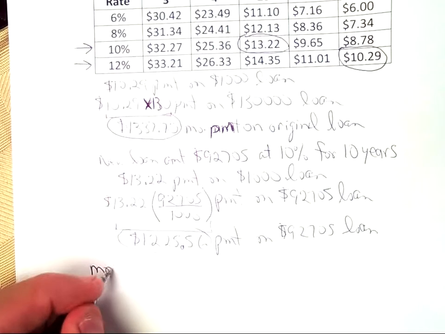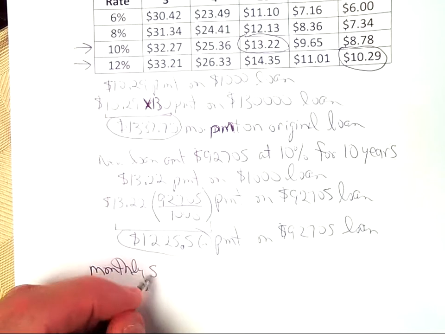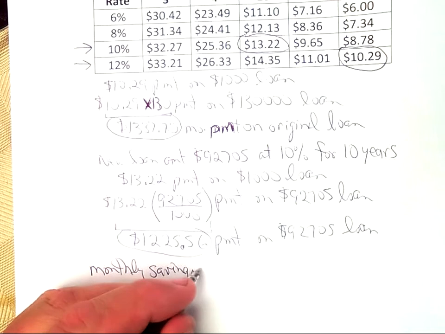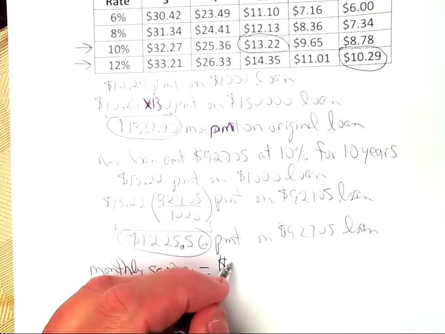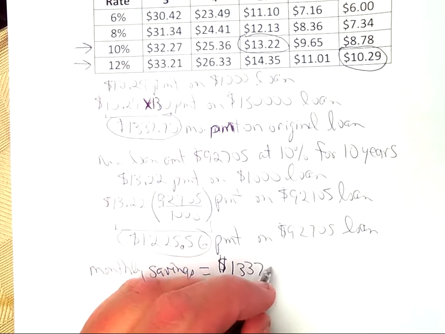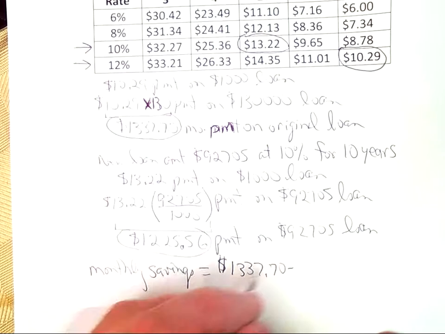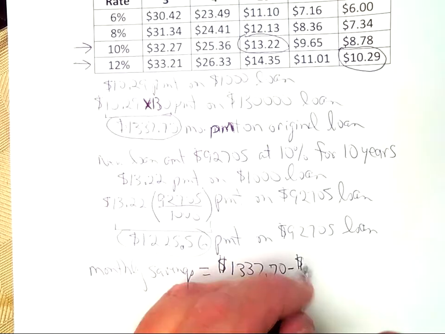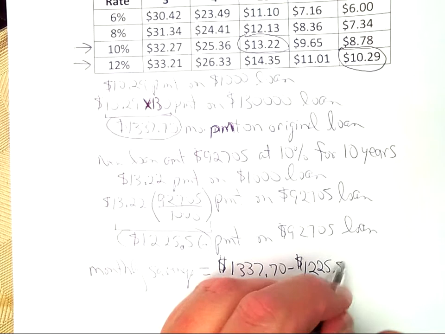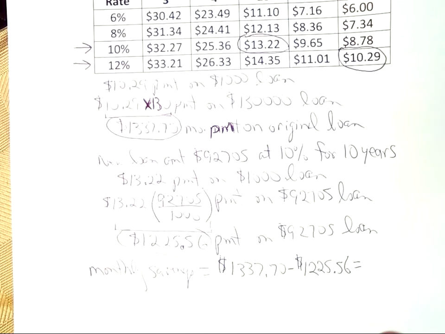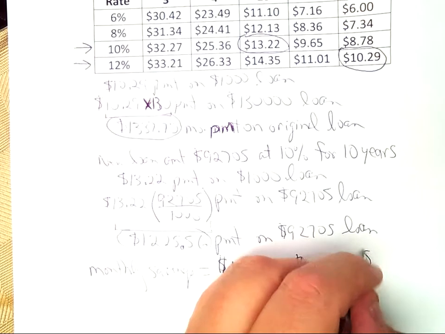So your monthly savings would just be the difference between what you would have been paying every month had you not refinanced and what you got in your reduction by refinancing. And if you do that subtraction, I'll just go ahead and tell you without putting the calculator up there, that's $112.14.